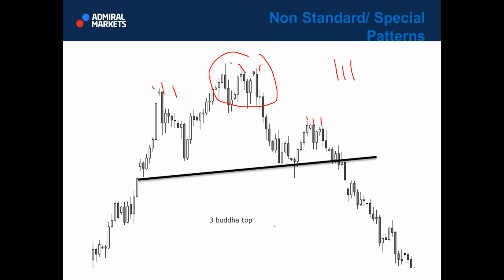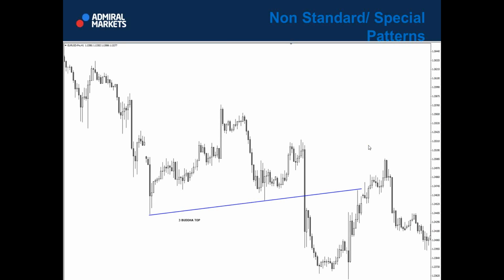It's called three Buddha top. In this example, we have three tops here, but we can treat it basically the same as head and shoulders, except it's called three Buddha top, and you can trade it from this point, and you can trade it from this point. The same as for head and shoulders. This is also three Buddha top.